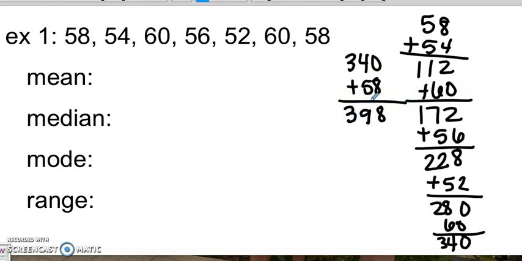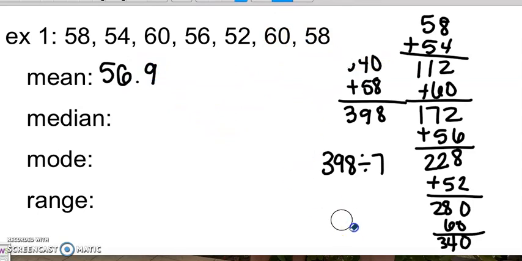Then I'm going to divide 398 by 1, 2, 3, 4, 5, 6, 7. So I take 398 and I divide by 7. And I should get 56.9. That is the mean of my data.